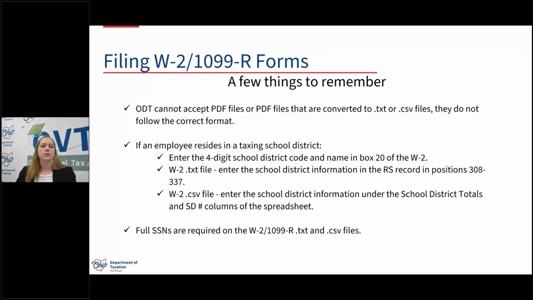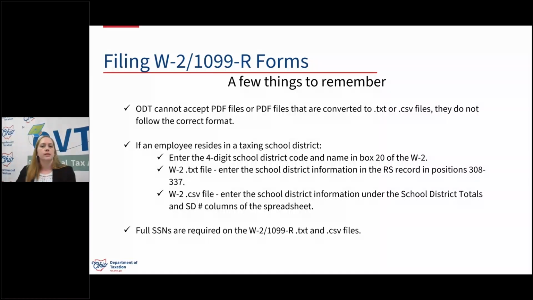If you submit your W-2 information through a text file, the school district information is found in positions 308 to 337 of the RS record. If you submit your W-2 information using our template, you'll enter the school district information in the school district totals and school district number columns of the spreadsheet.